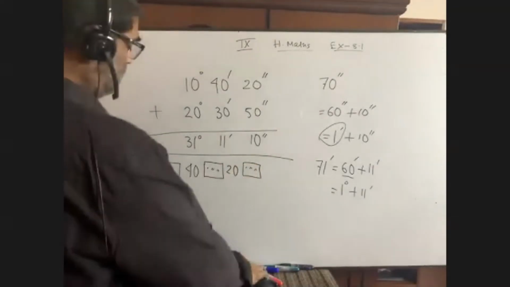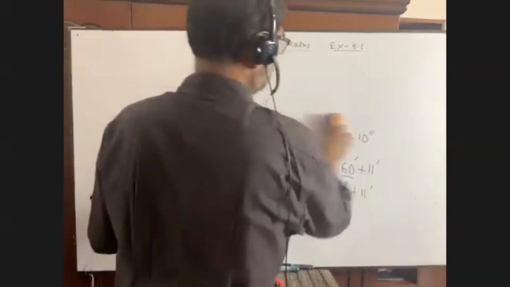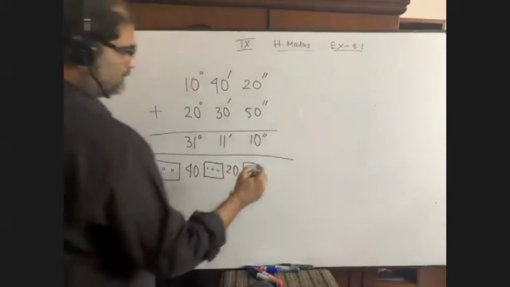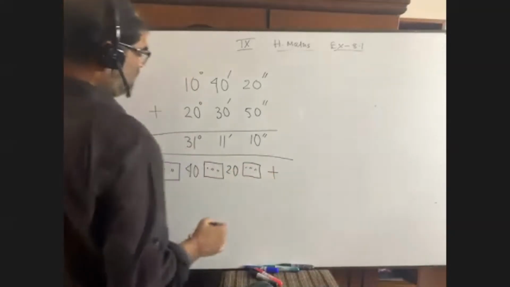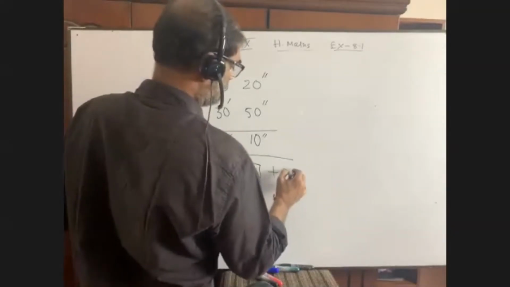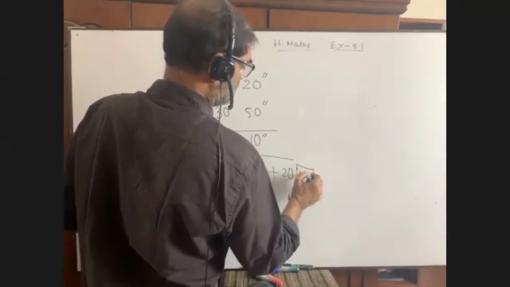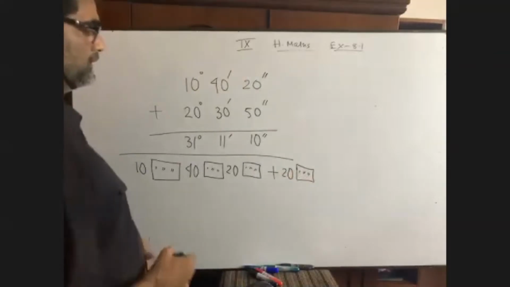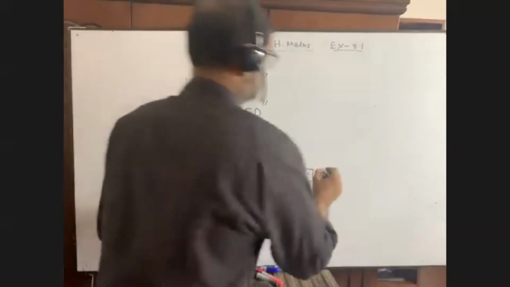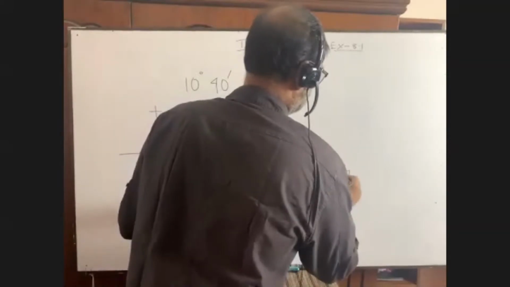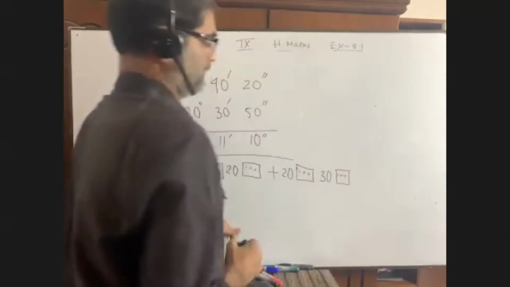Then write down plus. Again 20, this sign. Then 30, this sign.